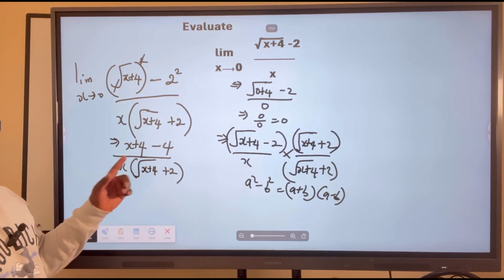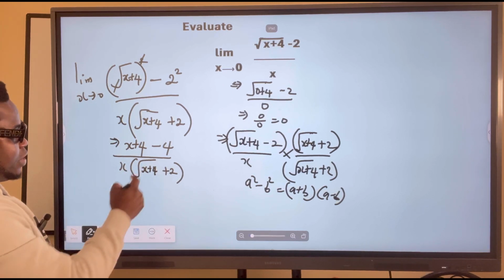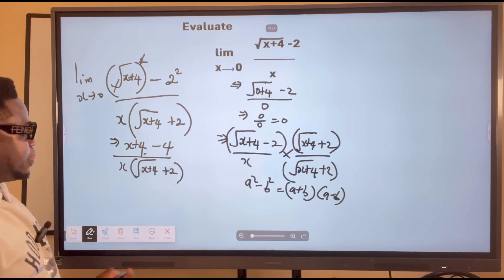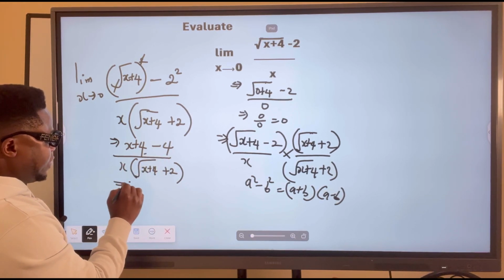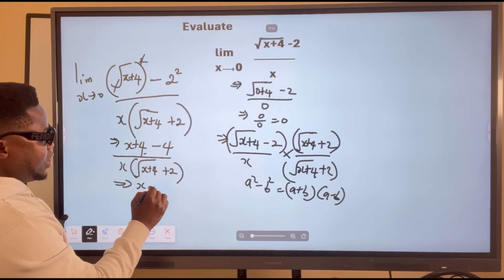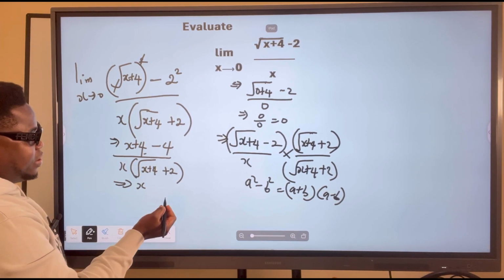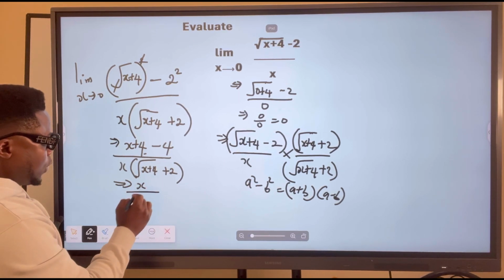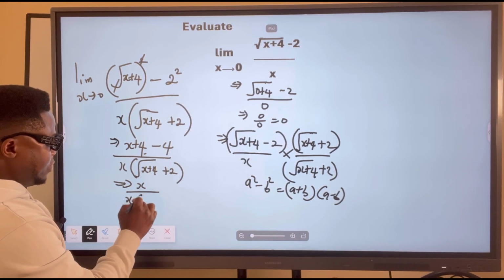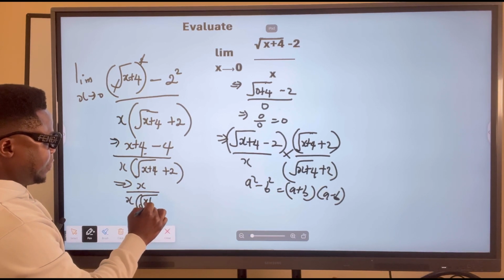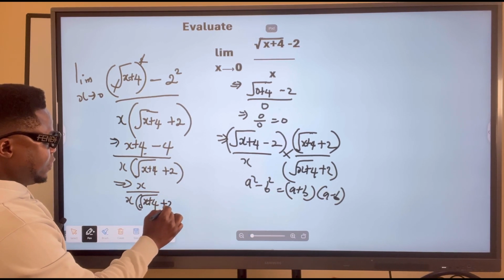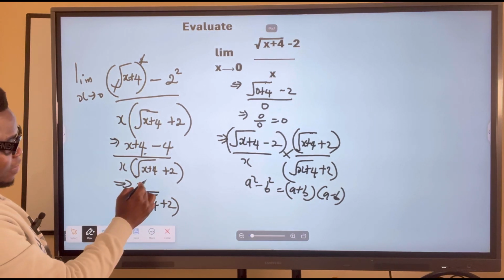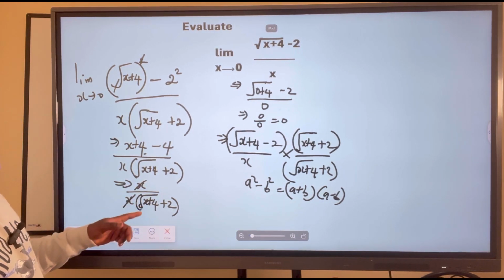Going further here, you can see 4 minus 4 is going to be 0. So I'll have x plus 0, which is x, divided by x brackets square root of x plus 4 plus 2. You can see this x is going to cancel out this x. I'm going to have 1 here.